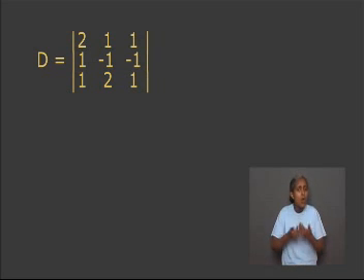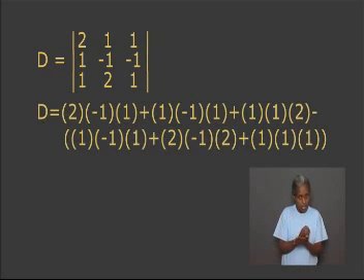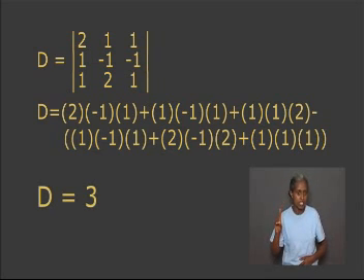Do you recall how to evaluate a 3 by 3 matrix? We take the sum of the products of the down diagonals minus the sum of the products of the up diagonals. After much calculation, we find that D equals 3.